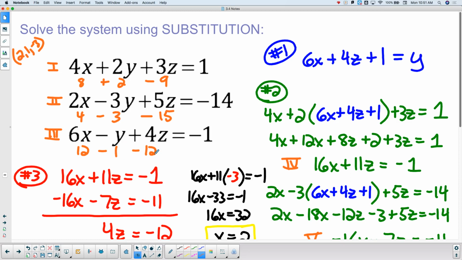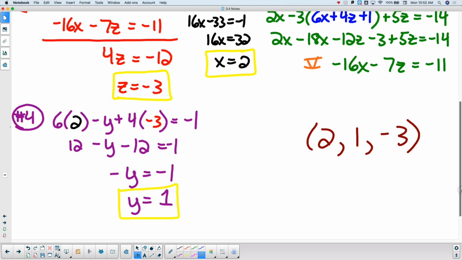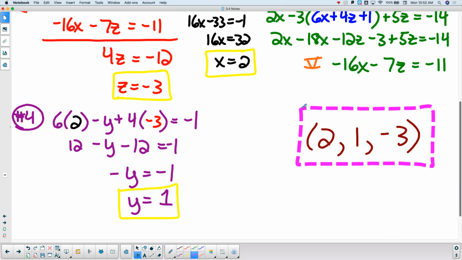Minus 12 is negative 1. Boom. Checks out. Works out. All is well. There is our answer. Checks out, works out, all is well.